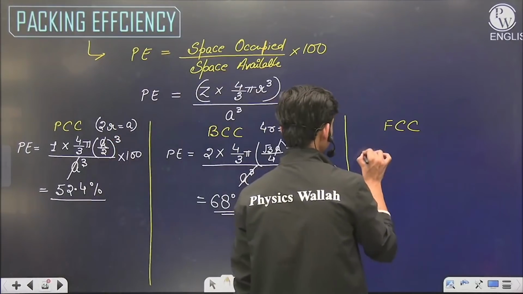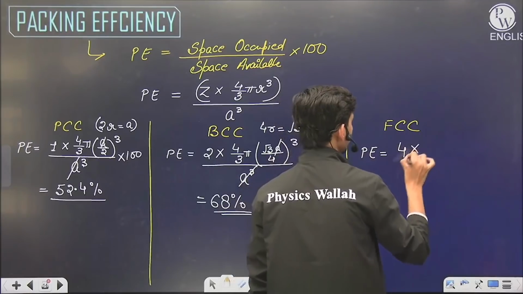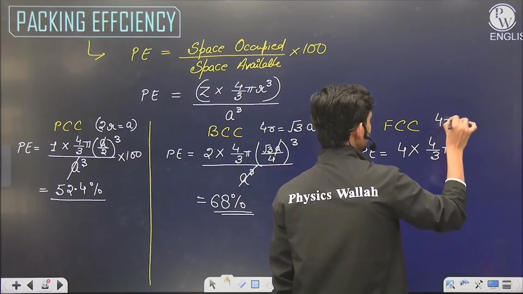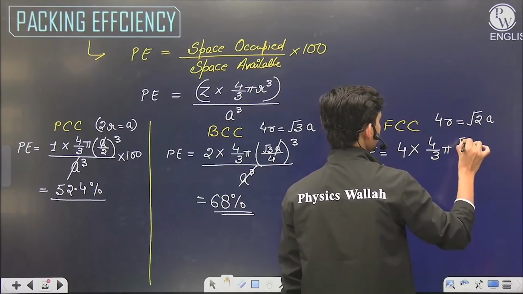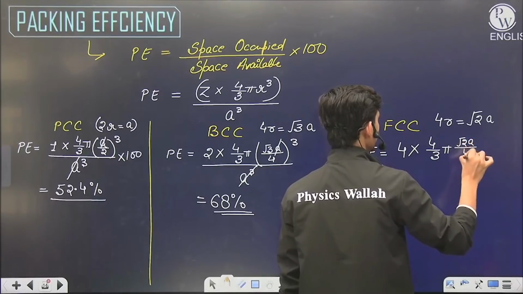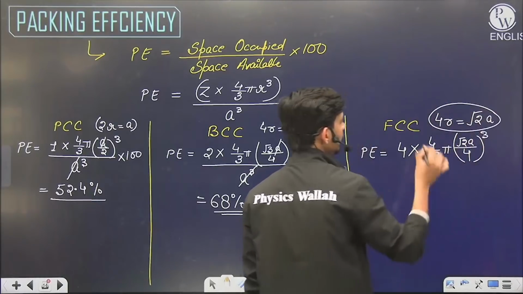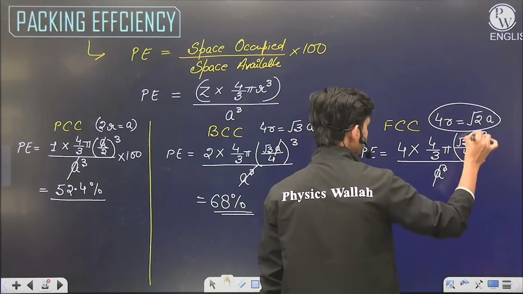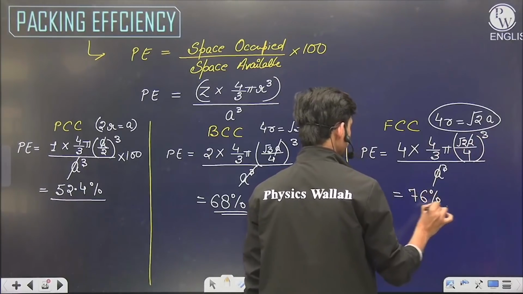Similarly, for FCC, the packing efficiency will be Z, which is 4, 4 by 3 pi. For FCC, the relation is 4r is equal to under root 2 a. So I can write under root 2 a by 4, whole cube, the value of r I have taken from this radius relation, divided by a cube. Again, a will be cancelled out, and on solving this, I will get 76%.